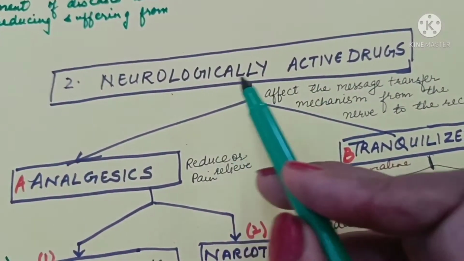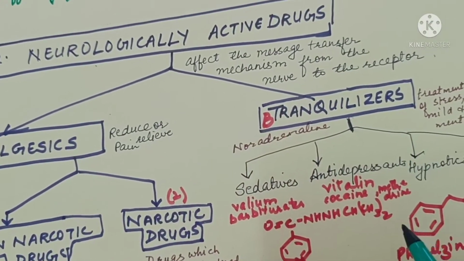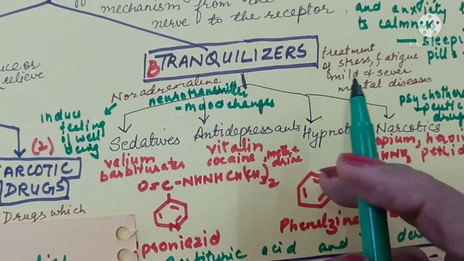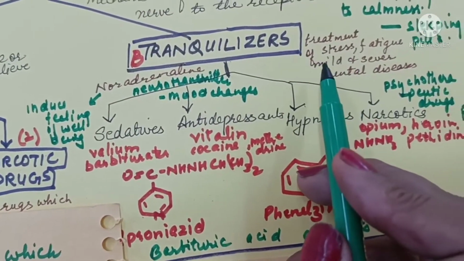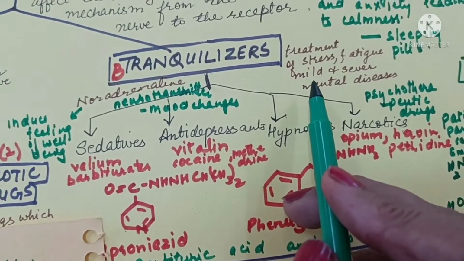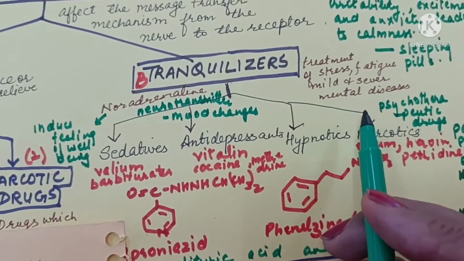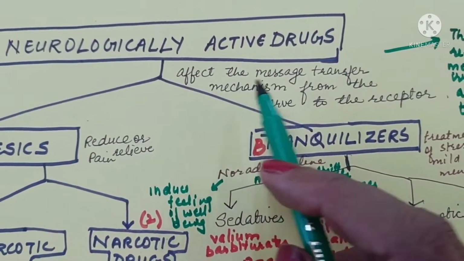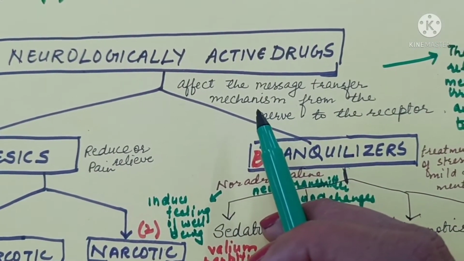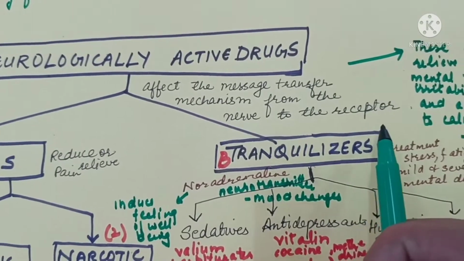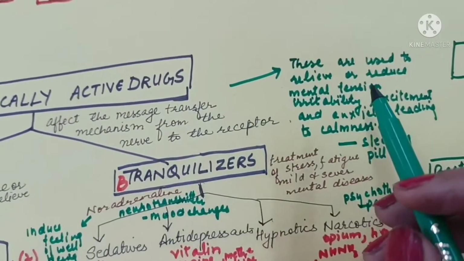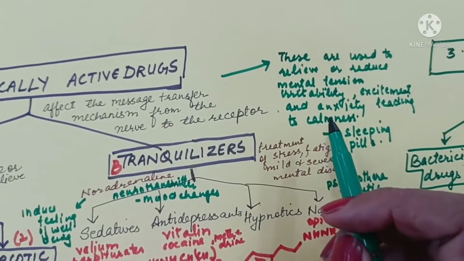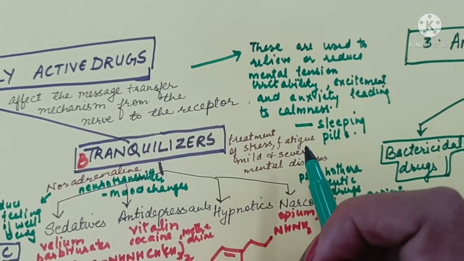Next category of neurologically active drugs are tranquilizers. Tranquilizers are chemical substances used for the treatment of stress, fatigue, and mild and severe mental diseases. They are neurologically active drugs which affect the message transfer mechanism from the nerve to the receptor. These are used to relieve or reduce mental tension, irritability, excitement, and anxiety, leading to calmness.